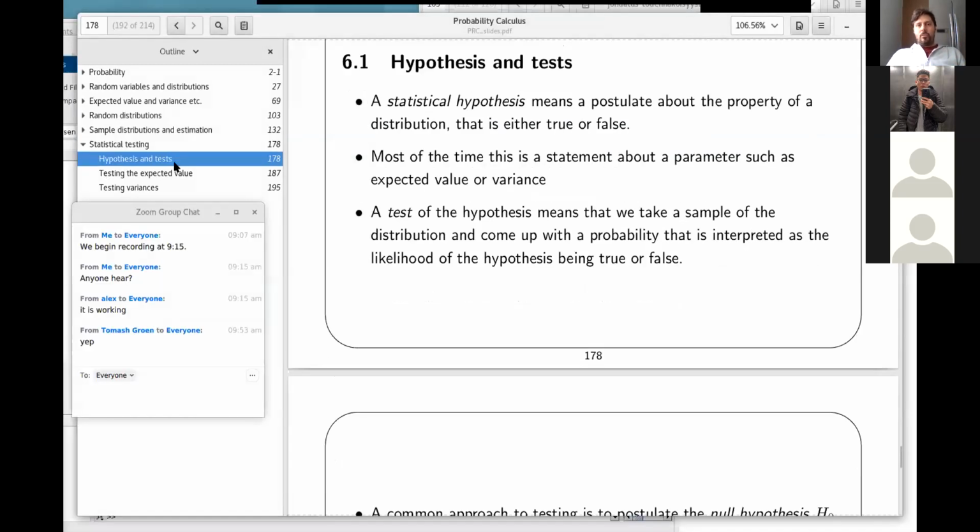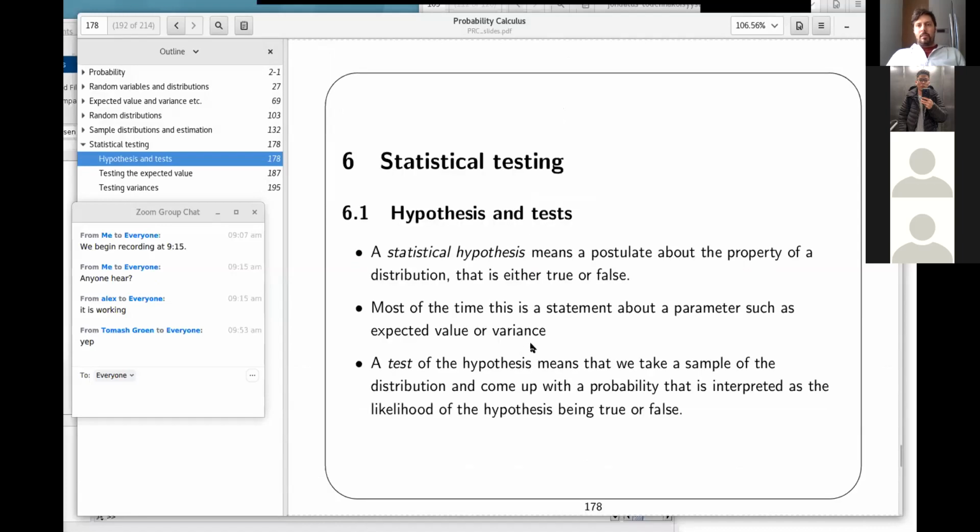And you postulate the null hypothesis, which is a conservative estimate. So for instance, if you're doing a medical study, you make the null hypothesis that this drug is no different from placebo, or these two populations are not different, or something like this.